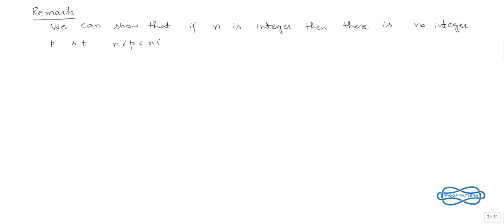So, before going to the exercises, we have to make a remark that we can show that if n is an integer, then there is no integer p such that this p is between n and n plus 1.